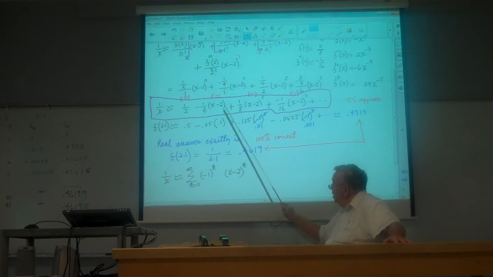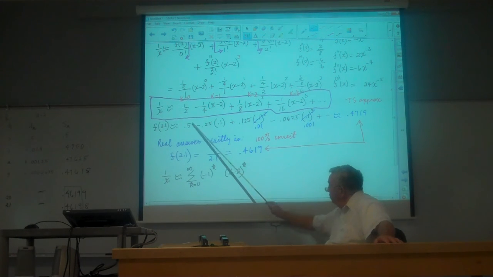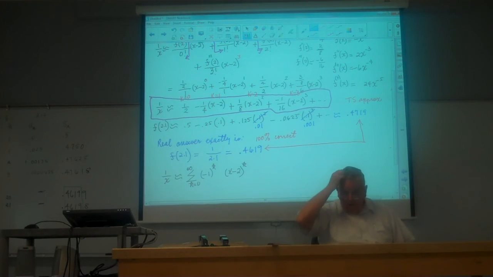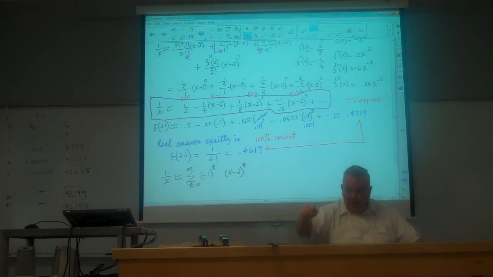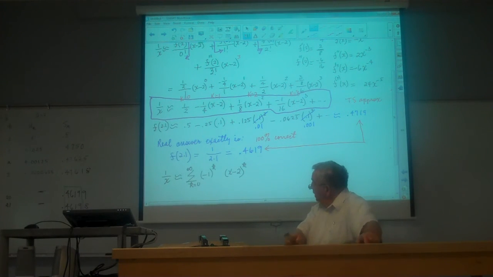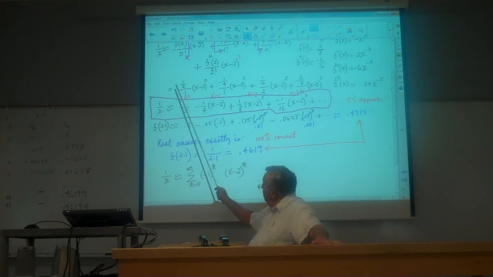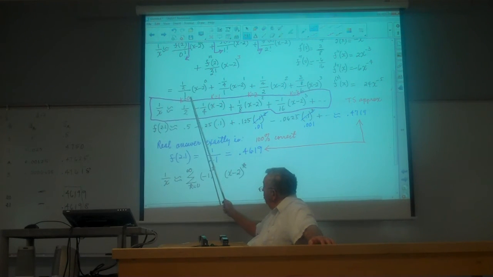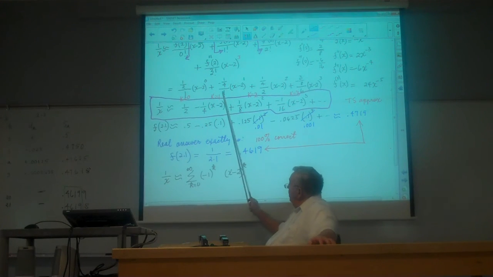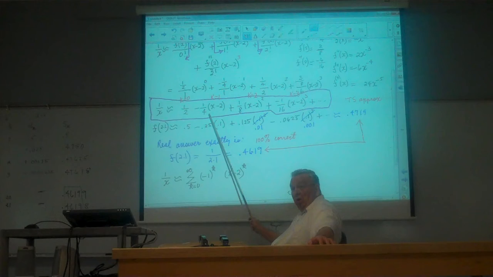But now I've got to do something to say that it goes from 2 to 4 to 8 to 16. So I'm going to have 1 over something. What's the something? 2. 2 to the what power? Well, let's see. In the first term, with k equals 0, I get 1 over 2, right? With k equal 1, I get 1 over 4.